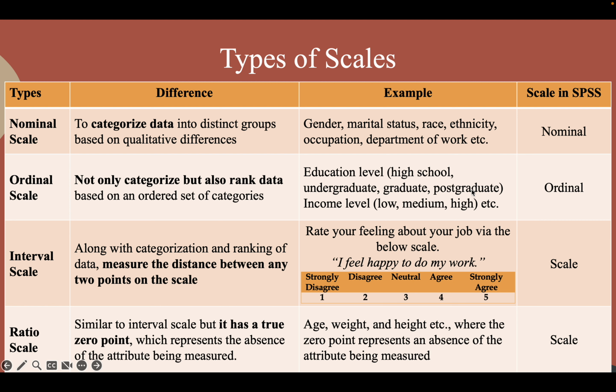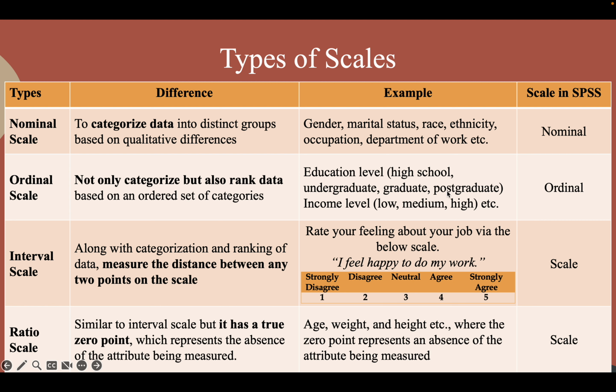So respondents are being categorized according to their education into four categories. If you look closely, you will see that they are not only being categorized into four categories, rather they are also being ranked from low level of education to high level of education in this case.